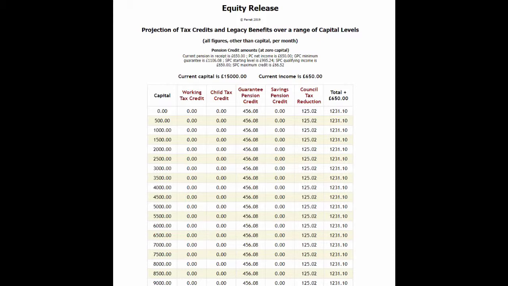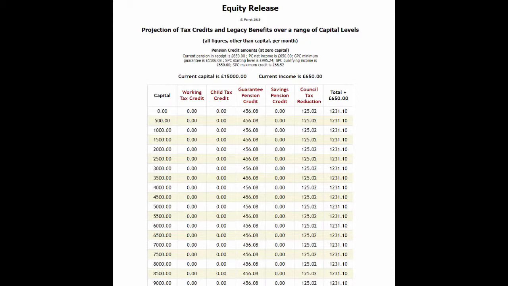So when we reach £15,000, you can see the current effect on their benefit system. As we go down, you'll notice that at the moment, as we go through from 0 to 500 to 1000 and so on, there is no effect at all on the guarantee pension credit and no effect on the council tax reduction, thus leaving the total income being shown in the right-hand column unchanged.